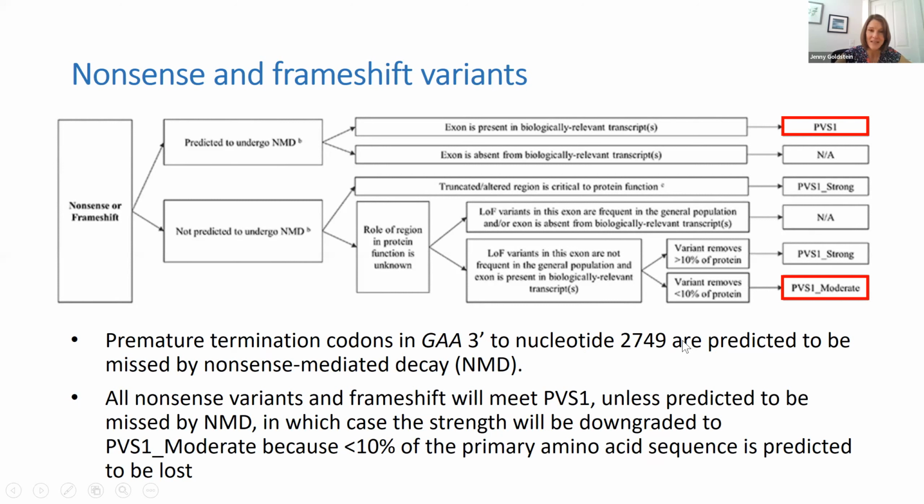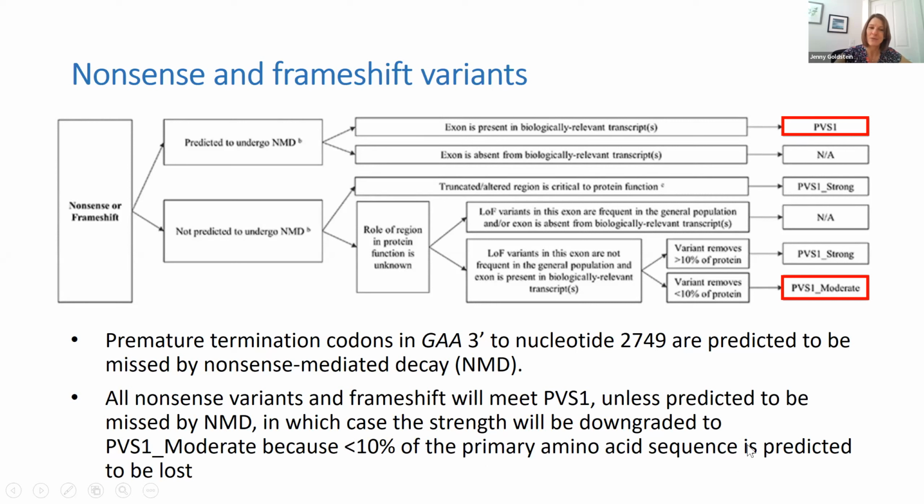So anything beyond that, we would say, is probably going to be missed by nonsense mediated decay, and anything 5' we would expect to be picked up by nonsense mediated decay and make no protein. Anything beyond this nucleotide, you would be losing less than 10% of the primary amino acid sequence.